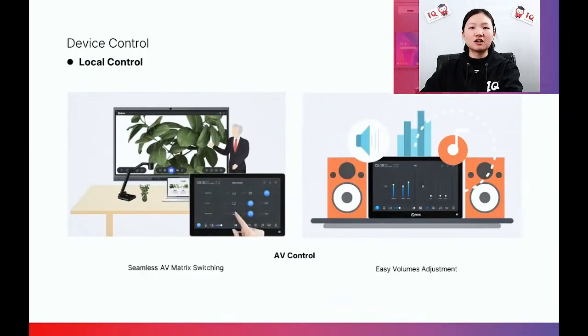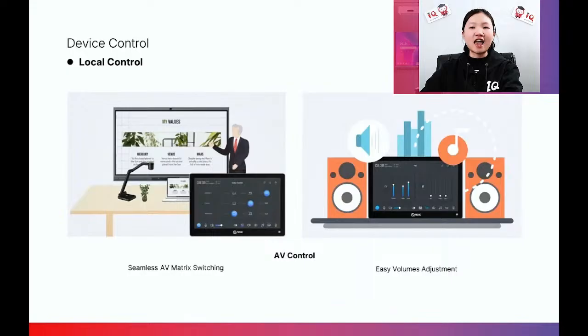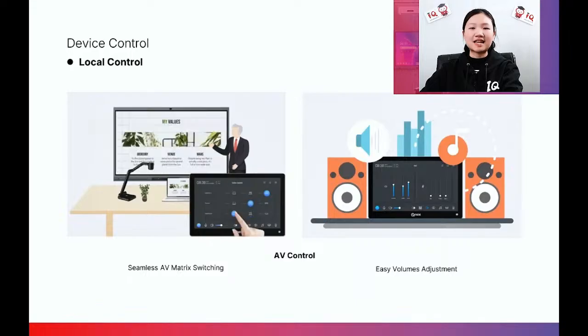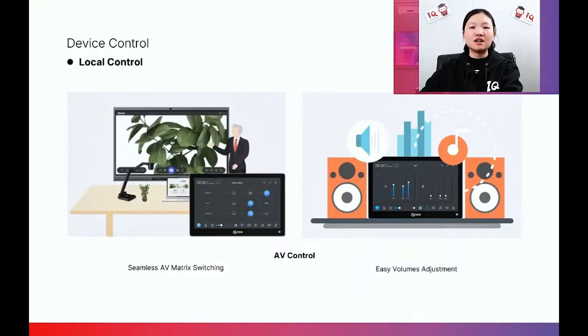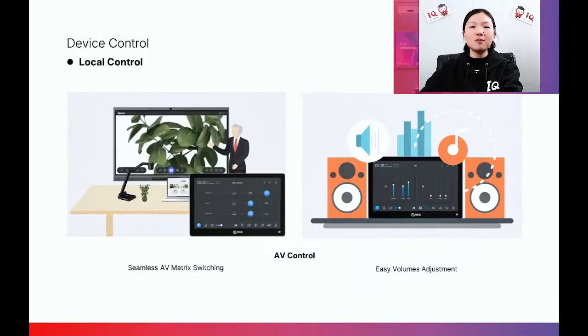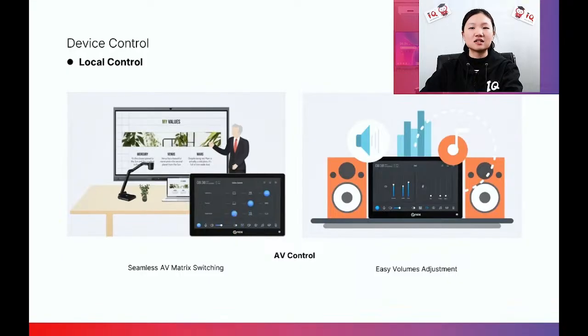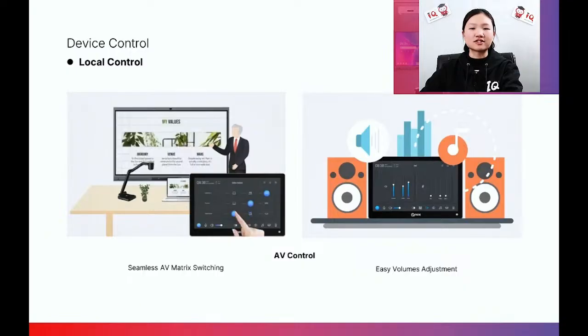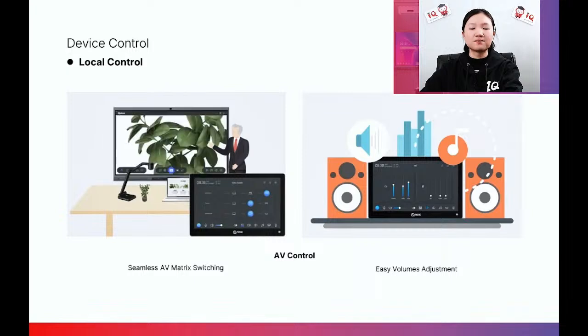Another important part of local control is AV control. For AV matrix switching, a typical classroom setup includes a laptop and document camera as input devices and interactive displays, TVs, or projectors as output devices.